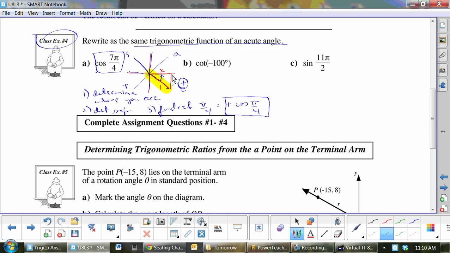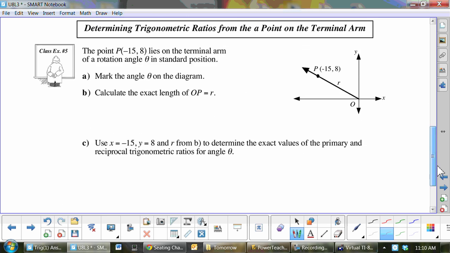Okay, let's go right down to this example here. Now the point negative 15, 8 is on the graph there. Now remember what this means. This is like a triangle. And the negative 15 is the x, and that is 8.